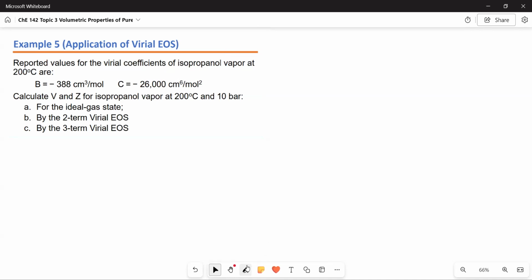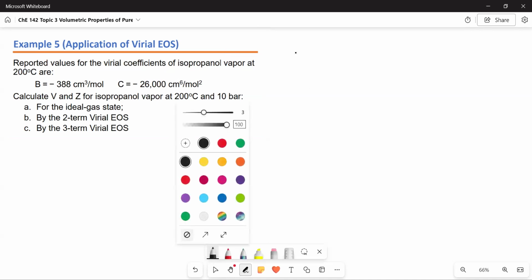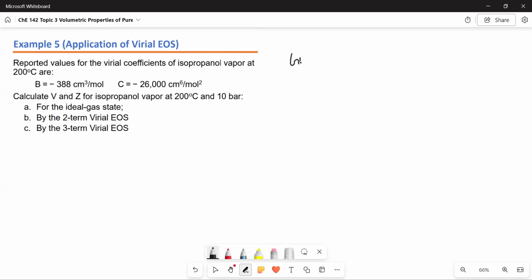Okay, let me switch to the pen mode. So we're given isopropanol vapor at this temperature, 200 degrees Celsius, and pressure.